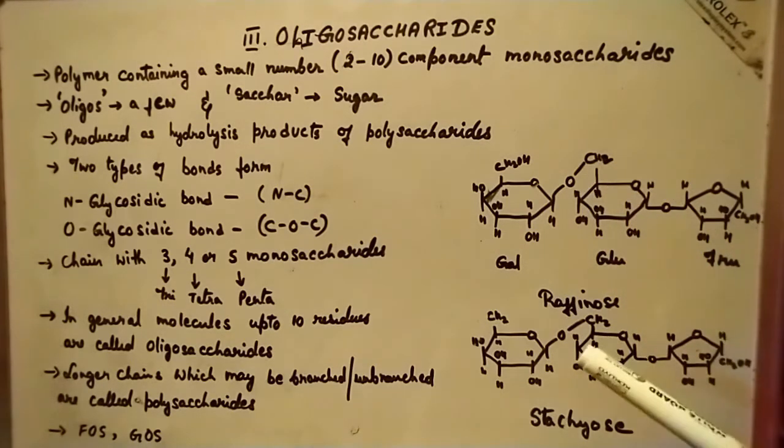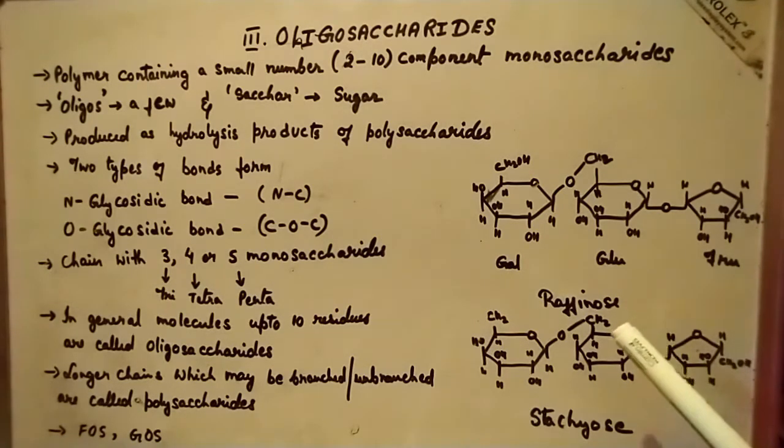You have already seen in disaccharides where the anomeric carbon of one monosaccharide residue links with carbon 2, 3, 4, or 6 of another monosaccharide unit. These glycosidic bonds are then referred to as 1,2, 1,3, 1,4, or 1,6 linkages.